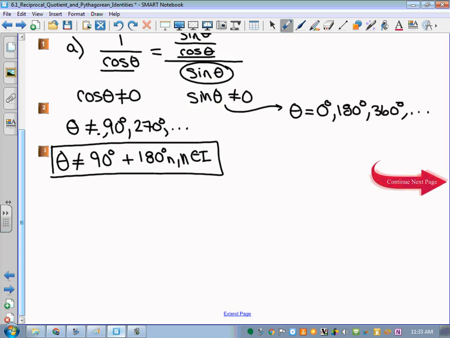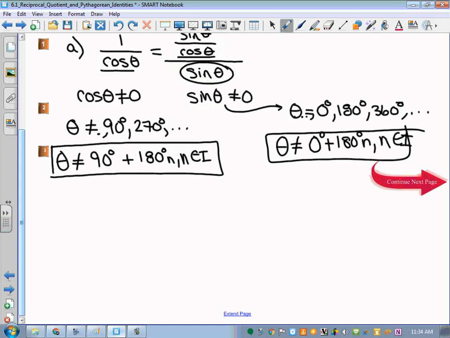That would, again, continue in both directions. Very similarly to cosine, that means I could write this as theta cannot be equal to 0 degrees plus 180 degrees n.